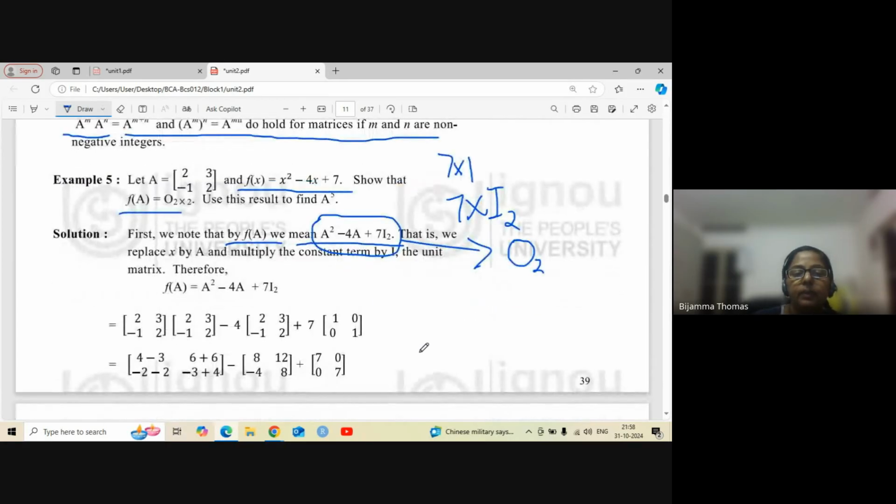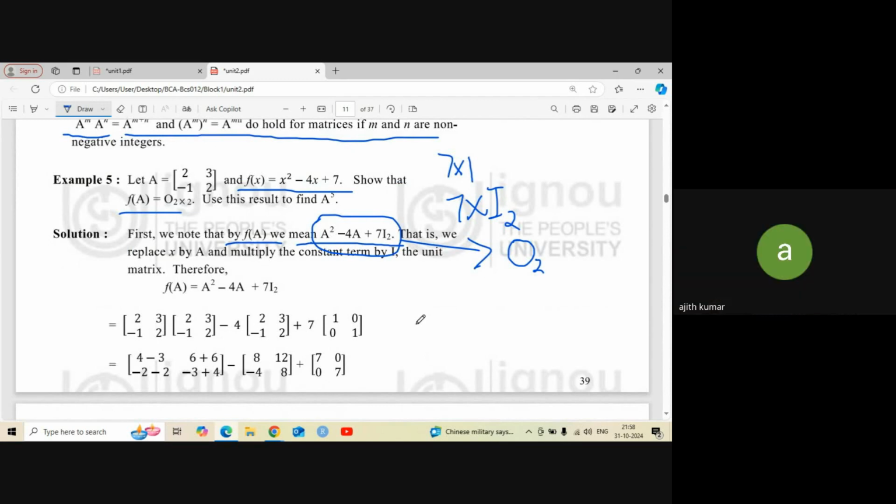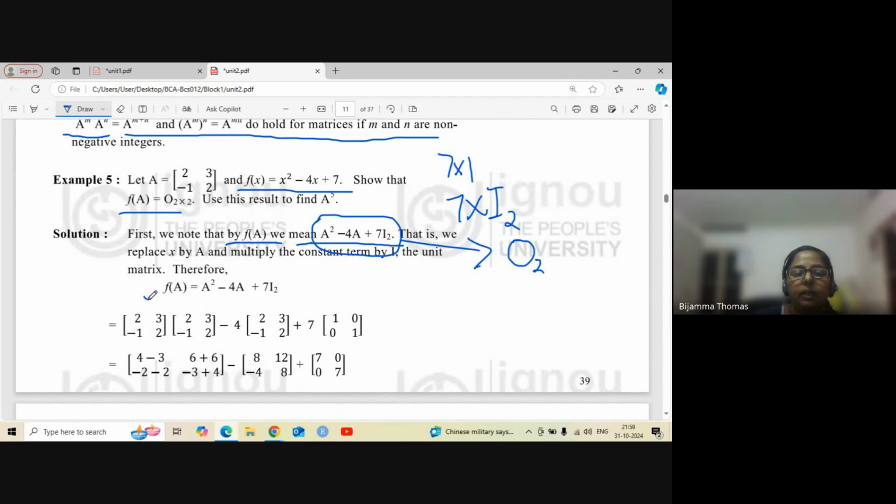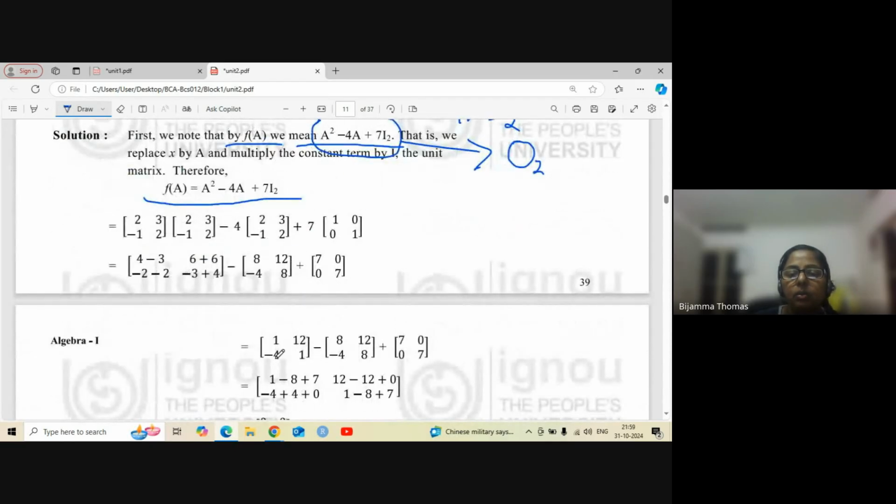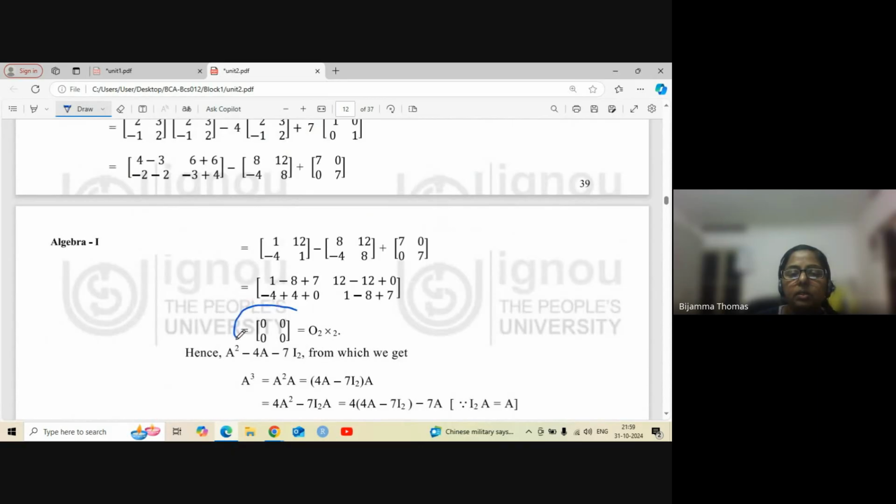So f of A equals A square minus 4 into A, where in scalar multiplication all the elements are multiplied by 4, plus 7 into the identity matrix I2. So it will be equal to a zero matrix. Is it clear?